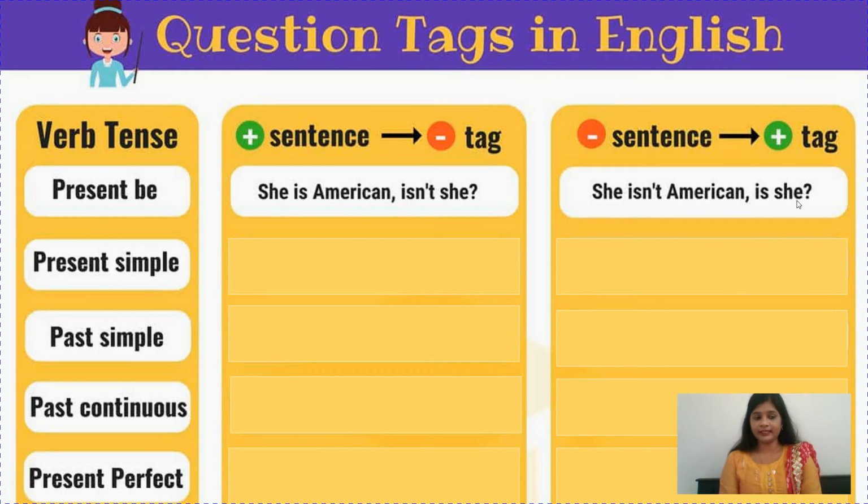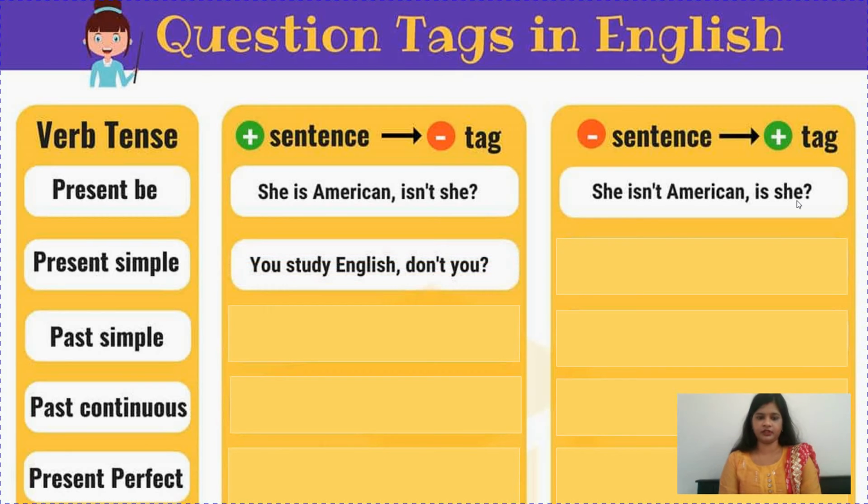Now let's take simple present tense, children. You study English. So children, with you we will write do because it's simple present tense. So we will take do, and it is a positive sentence, so we will write don't, and the pronoun is you, so don't you. Now change the sentence into negative. So what will you write? You don't study English, right?